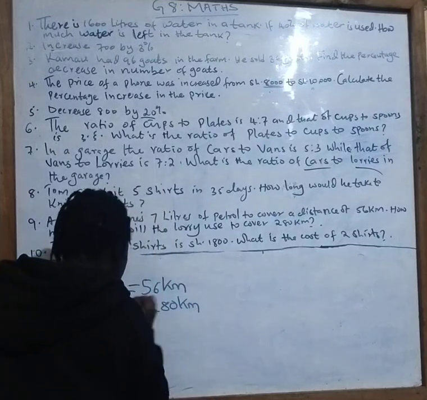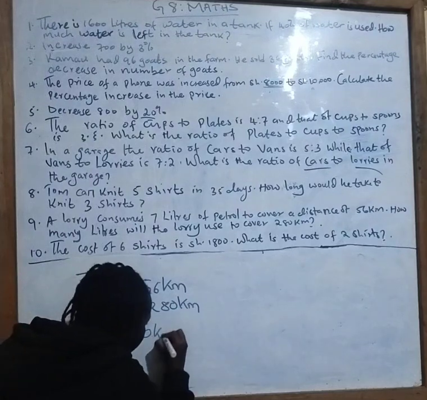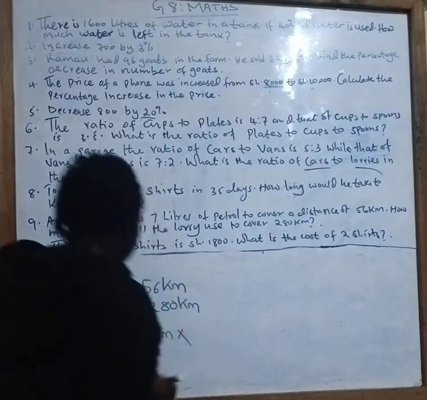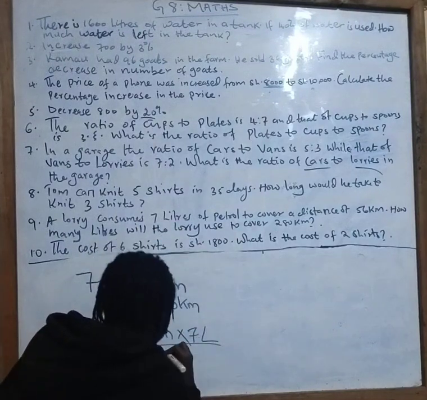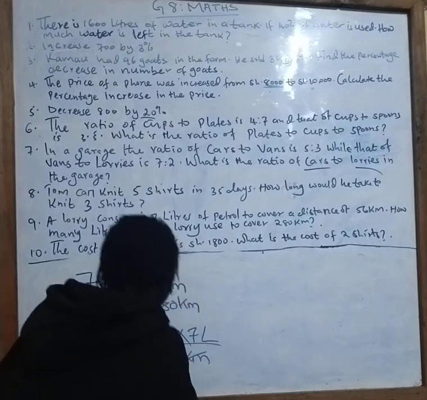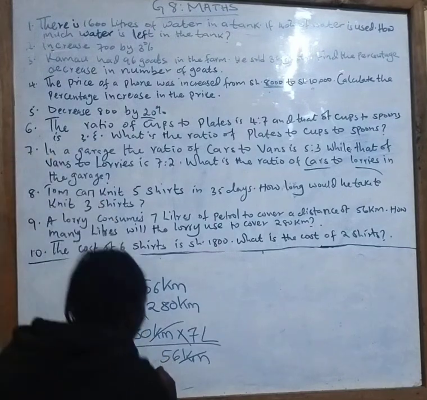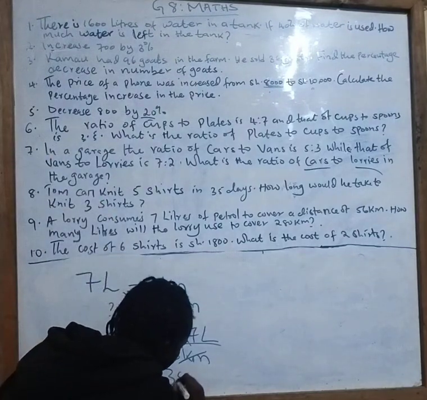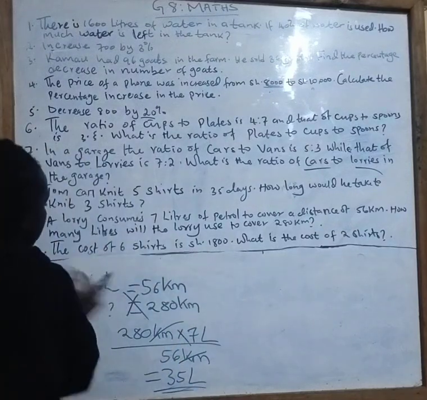You will cross multiply: 280 kilometers times 7 liters over 56 kilometers. Kilometer and kilometer. Your answer is 35 liters. It's your final answer.